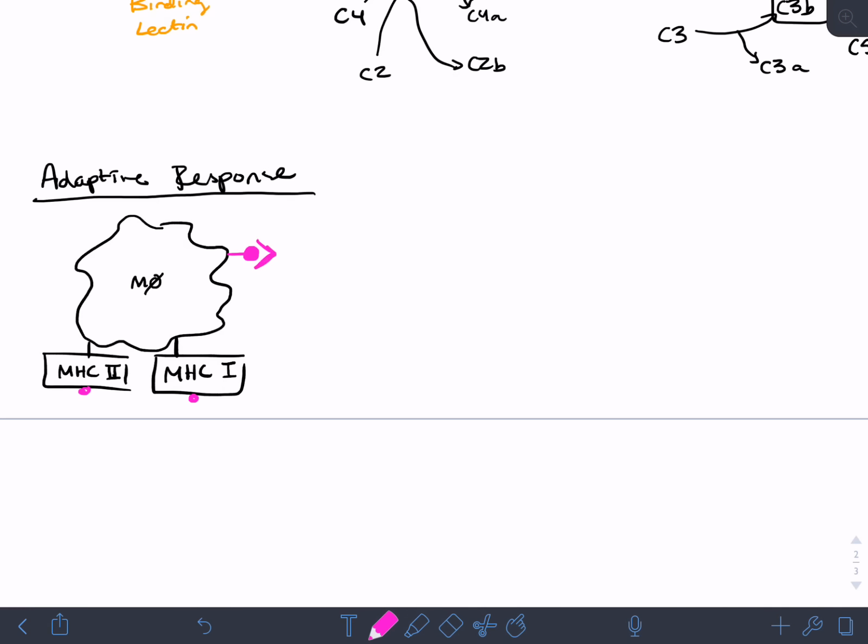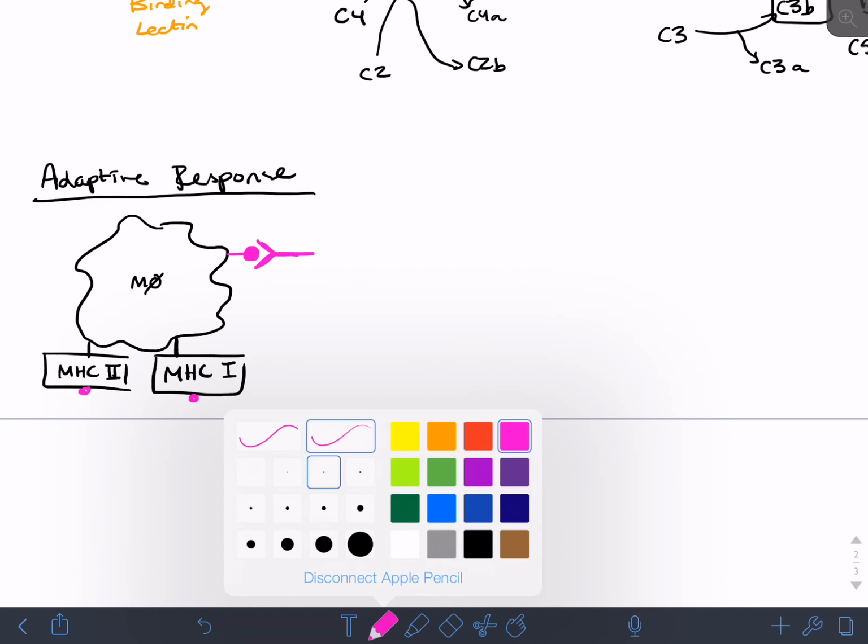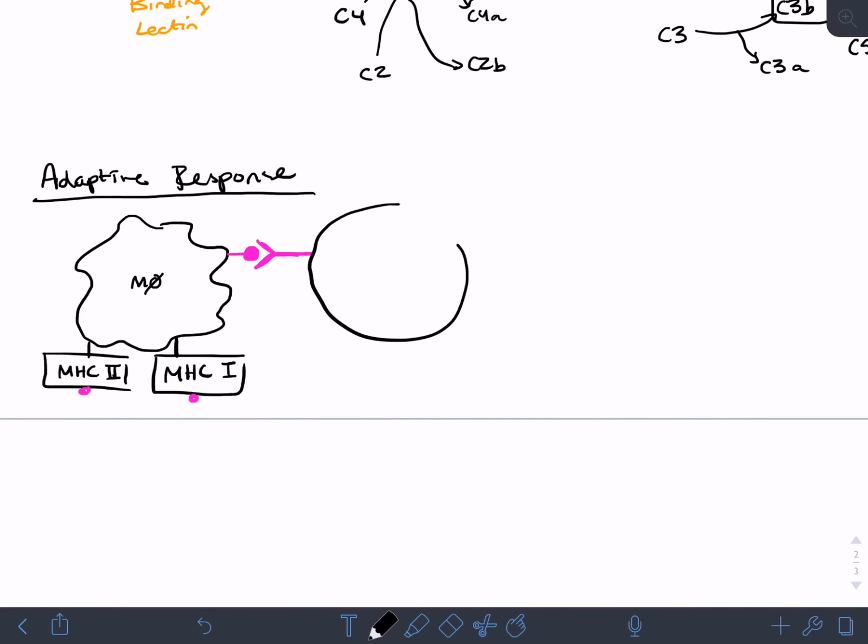So what's going to find this is going to be antibodies, and these antibodies are part of a naive B cell. A naive B cell is a B cell that is active, but it has not ever been exposed to antigen before. So essentially the macrophage has interacted with the bacteria out in the periphery, out in your tissue. Like let's say this bacteria has infected your skin.